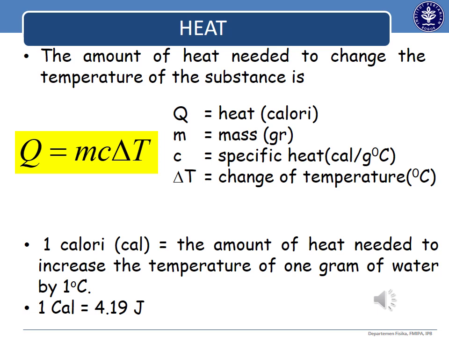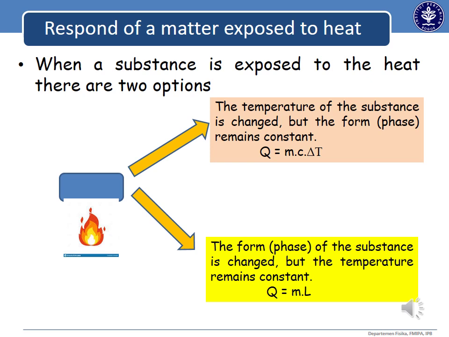Heat is energy. The unit for heat is the calorie. 1 calorie equals the amount of heat needed to increase the temperature of 1 gram of water by 1 degree Celsius. 1 calorie is equal to 4.19 joules. When an object is exposed to heat, there are two options.